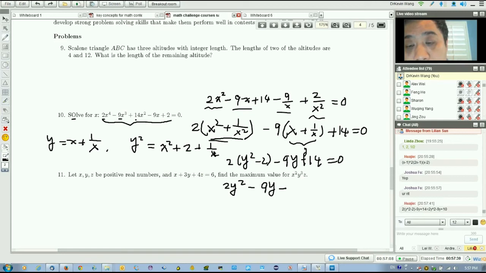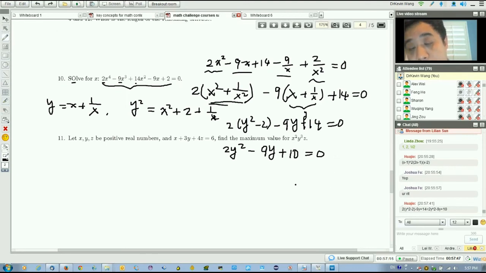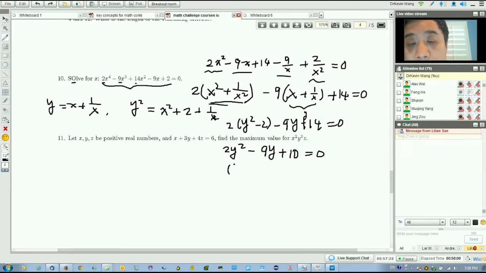And what is the simplified form? Okay, 2y squared minus 9y minus 4 plus 14, so this is going to be plus 10, equals 0. And then it's a quadratic equation. You can factor, you can just use the quadratic formula, whatever you use.